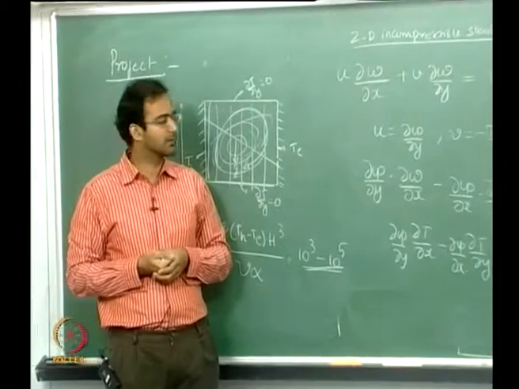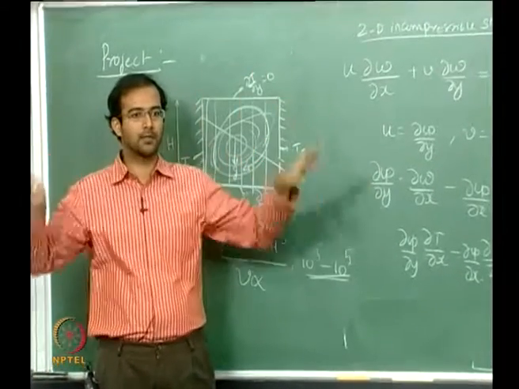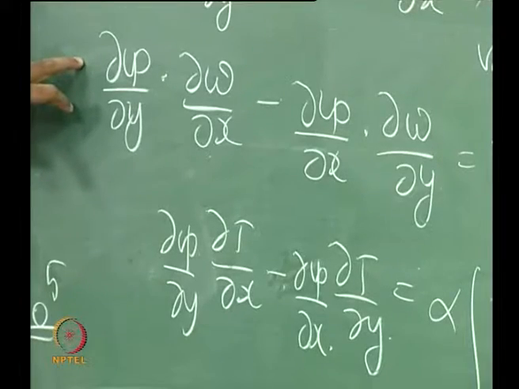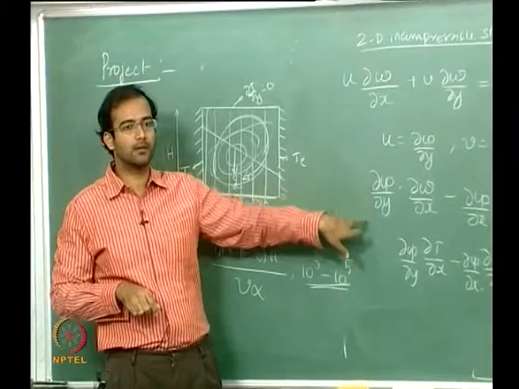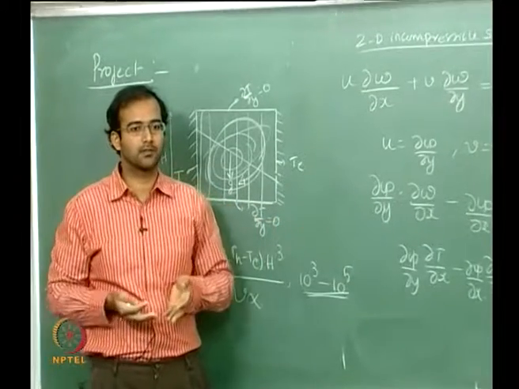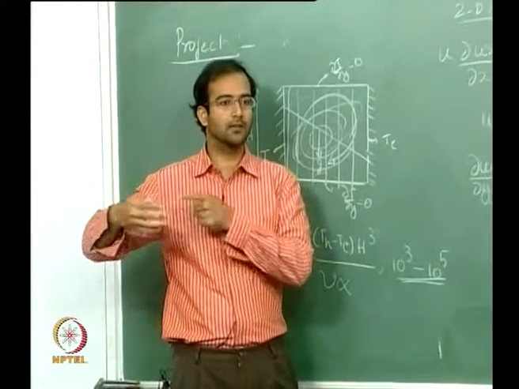You also guess the field for temperature and use this equation to solve for the vorticity. Once you have the vorticity field and your stream function field, then your temperature field also can be solved.